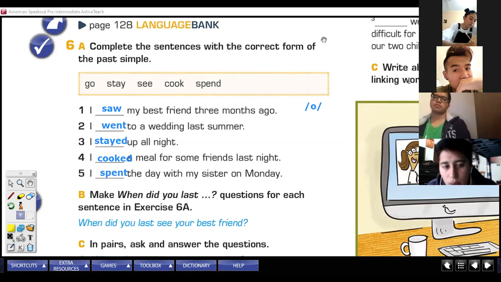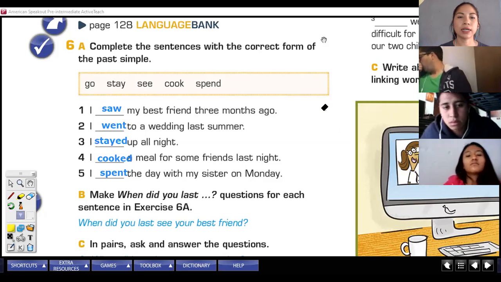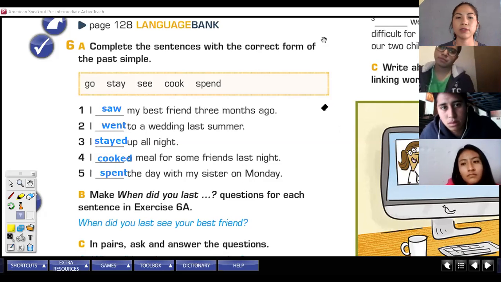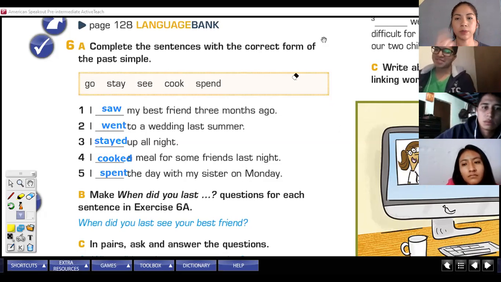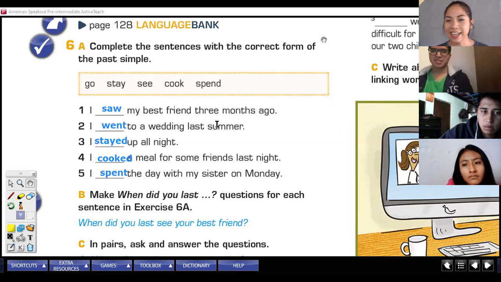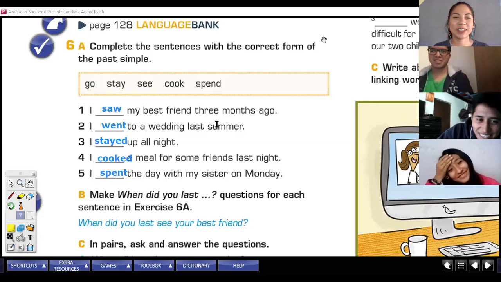So affirmative sentences are just the subject and verb in past. What if you want to make them negative? Pablo Rojas, did you see your best friend 3 months ago? Yes. Okay. That's good. What about Eduardo? Esperaba un no. Eduardo, did you see your best friend 3 months ago? No. Okay.